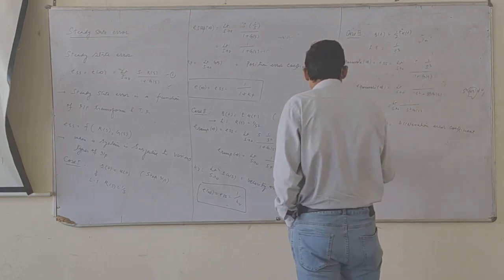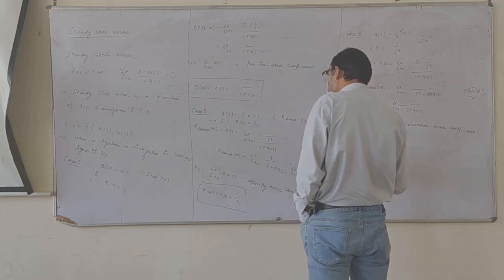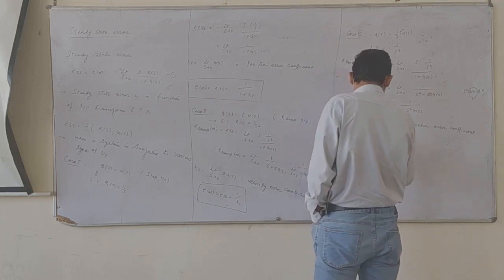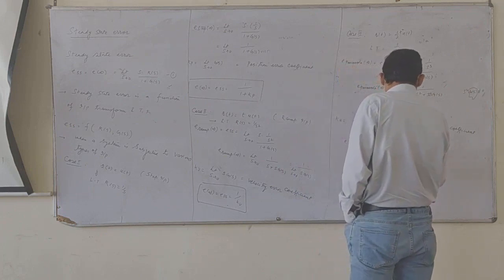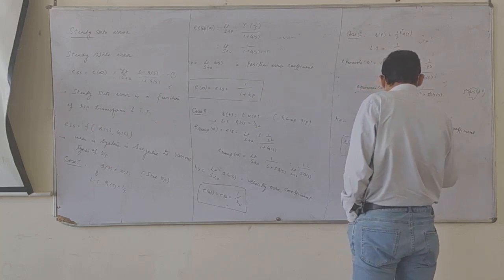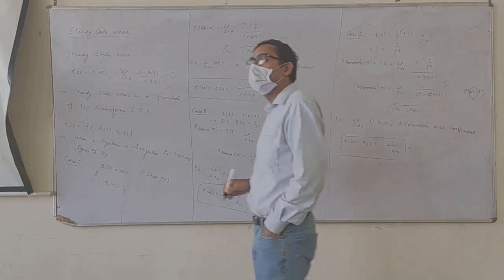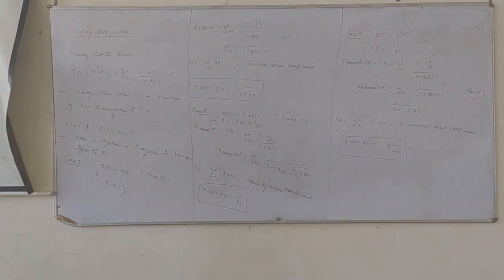Hence the error at steady state, when the input is a parabola, should be equal to 1 by Ka. You have to remember this. So there are 3 terms: the position error coefficient, the velocity error coefficient, and the acceleration error coefficient.